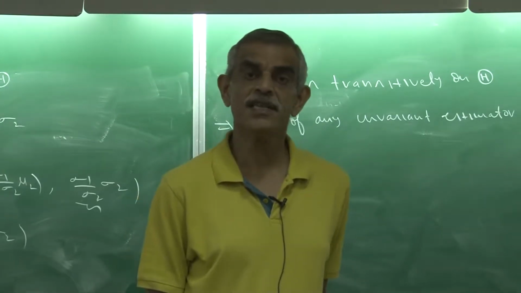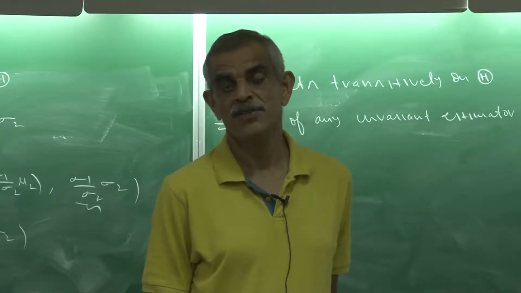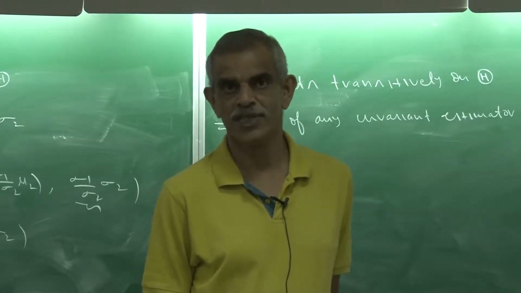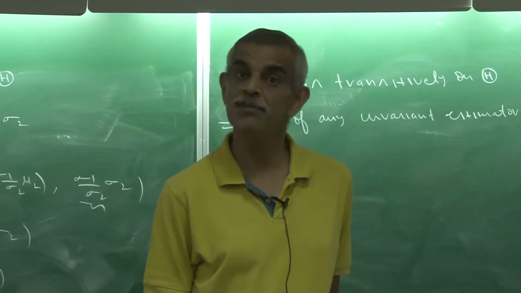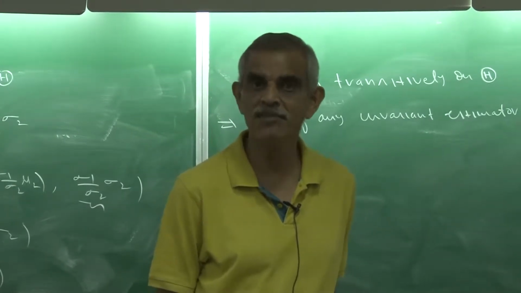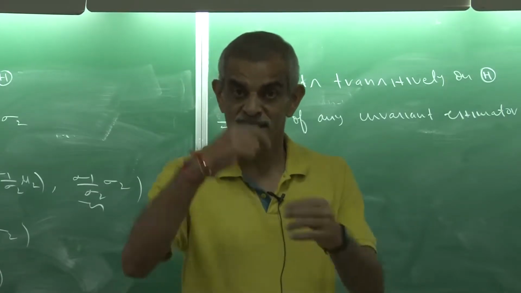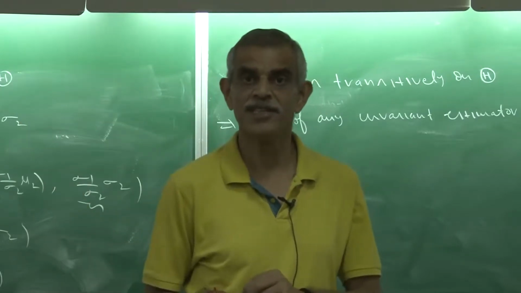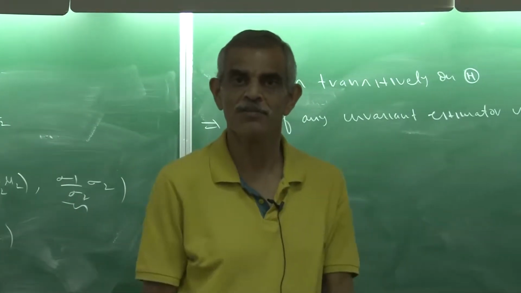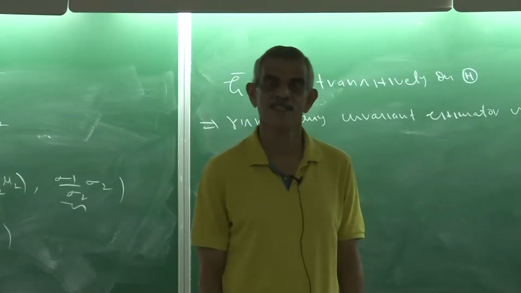In those situations, G bar does not act transitively on theta, so the risk of any invariant estimator is not constant. Then finding the minimum risk invariant estimator may be a difficult task, or it may not exist, because you have to minimize the risk function at every parametric point theta. That was the whole problem, that you're not able to minimize the function at every theta.